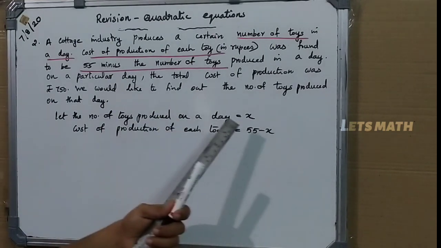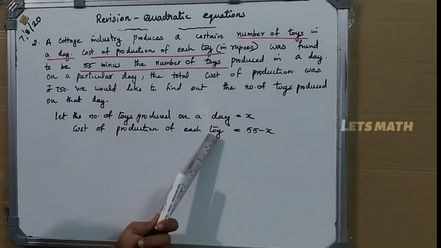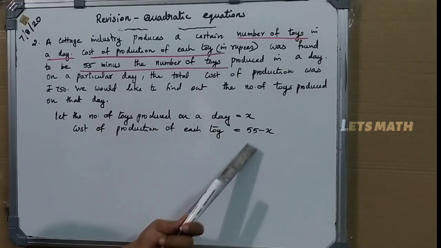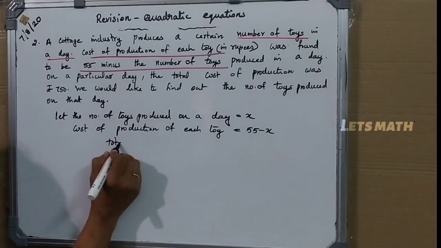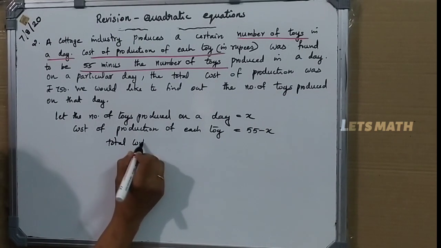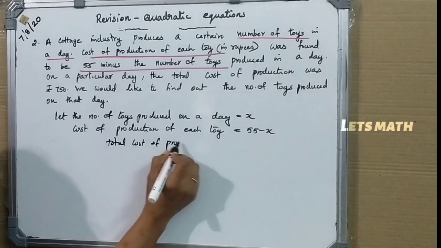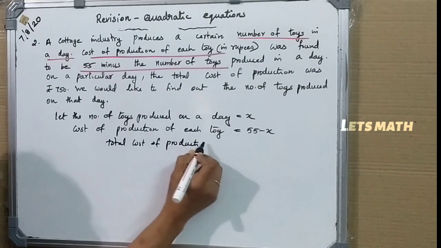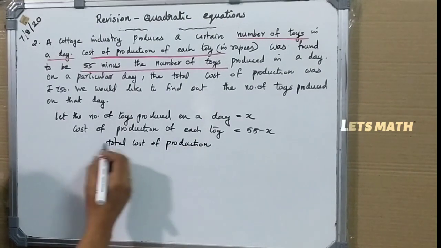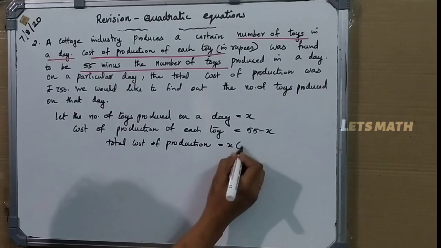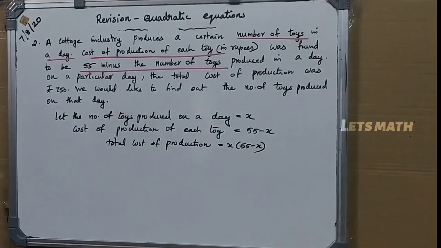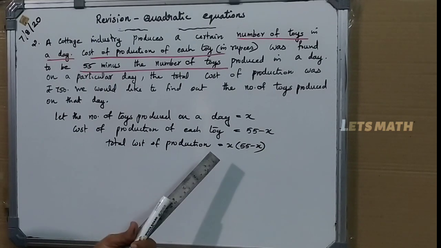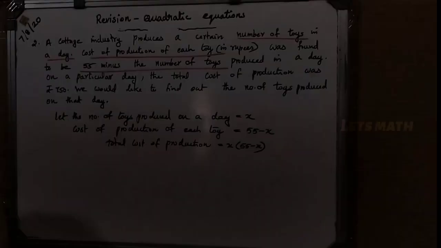Number of toys is X, cost of production of each toy is 55 minus X, so the total cost of production is X into 55 minus X.